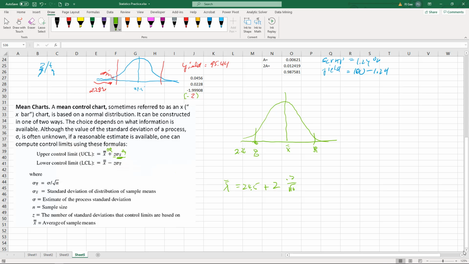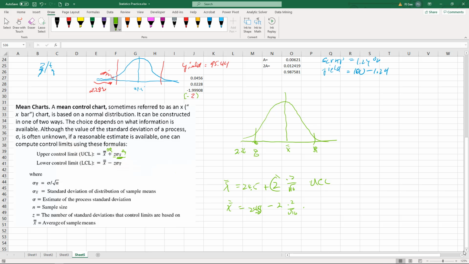And that's going to be the upper control limit. Our lower control limit is going to be 24.5 minus the z times 0.2 over the square root of 16.